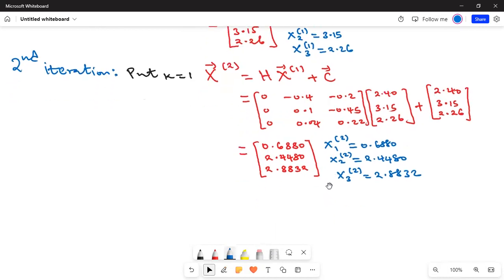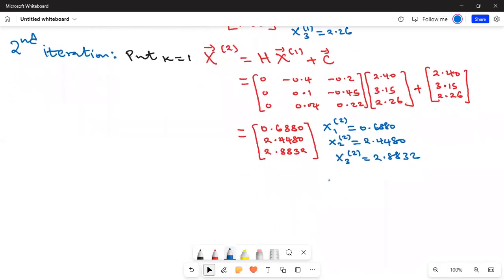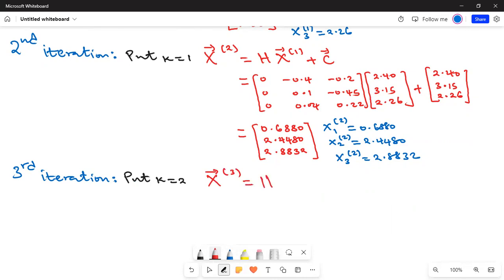And finally, the third iteration. In this case, you put k equals 2 in the iterative formula, so that we'll get x vector at level 3 is equal to h times x vector at level 2 plus c.